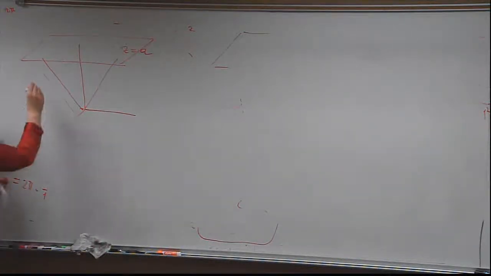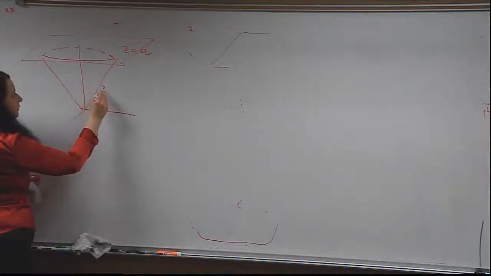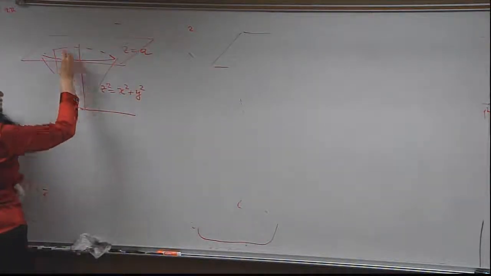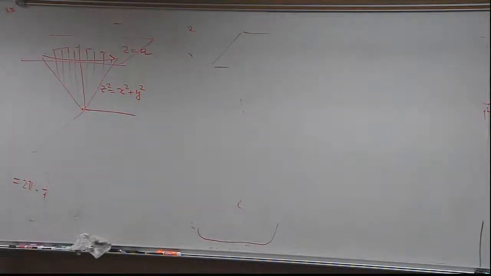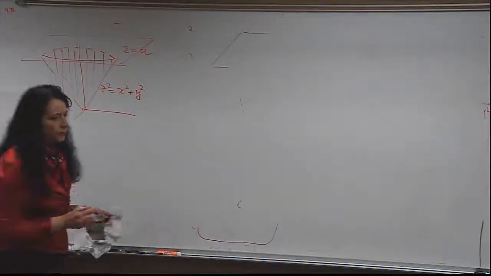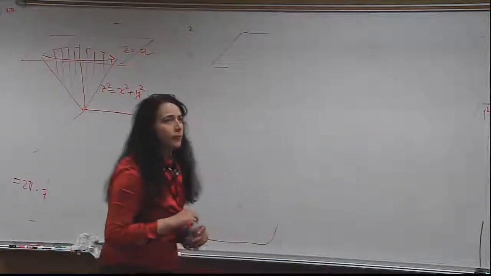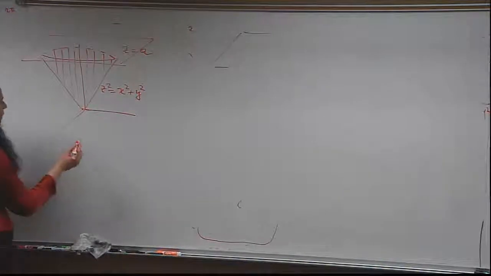It's appropriate for cylindrical, but they ask you to do it in both. Remember that problem, guys? So you have the volume of, or some function, and they say put it in both spherical coordinates and cylindrical coordinates. And let's assume that you don't know what function you are integrating.